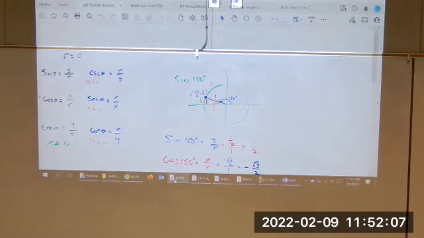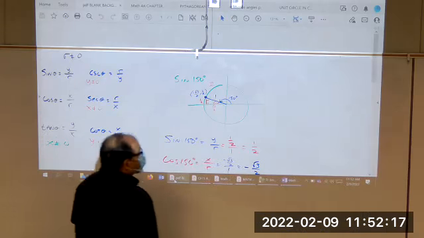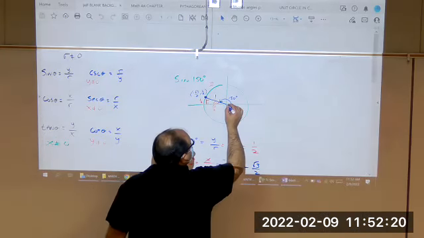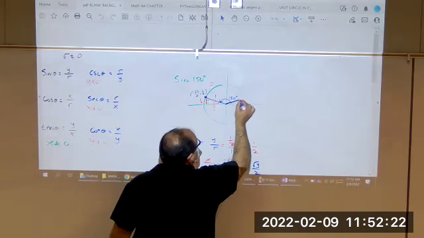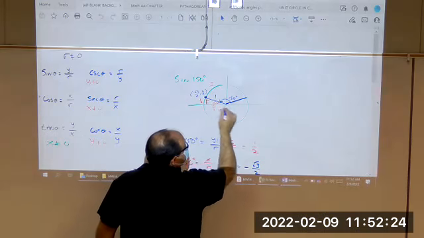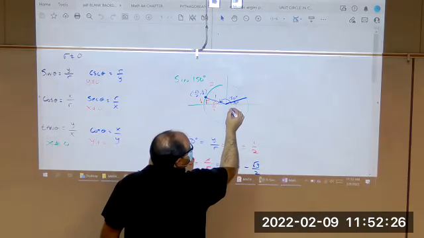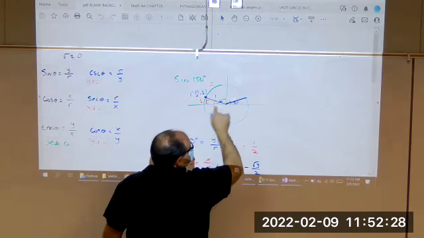Now, it's going to be a lot to memorize if you have to go all the way around for all these angles. This is what I kept talking about over the last couple of weeks. 30 degrees right there, 30 degrees right here in quadrant 1.